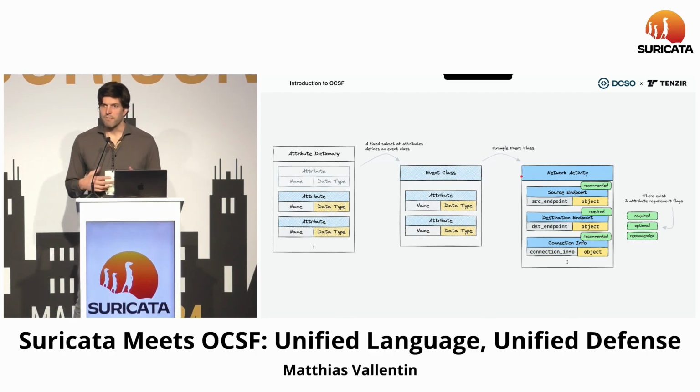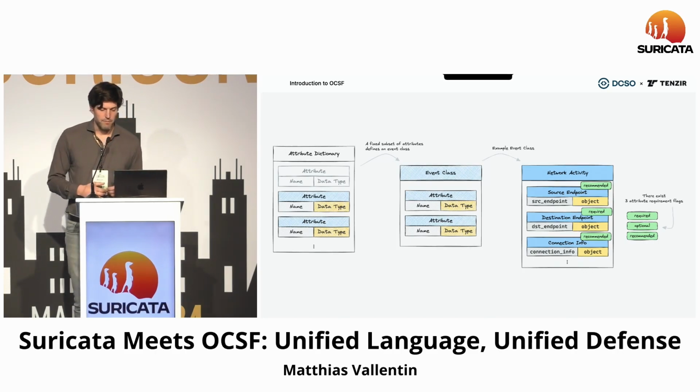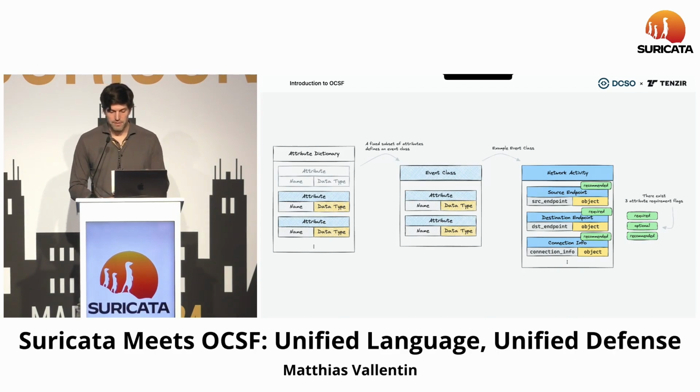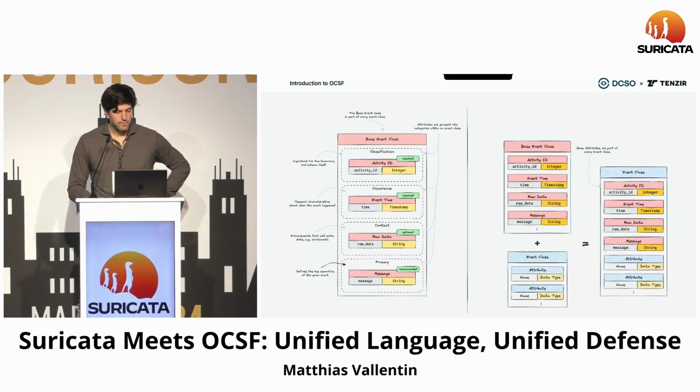Think of it as the Suricata flow log, and it has this source endpoint, the destination endpoint, and a bunch of other fields, which are called attributes in OCSF speak. And there are actually three types of attributes: required, optional, and recommended. This is the verbosity you can tune as a user. You can say, I only want the required ones. But if I want to be more verbose, I take also the others.